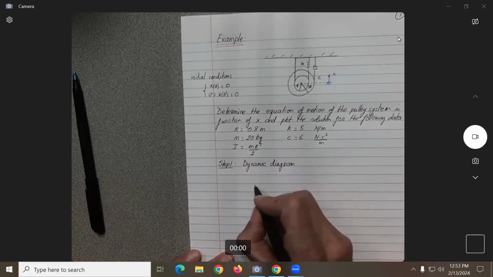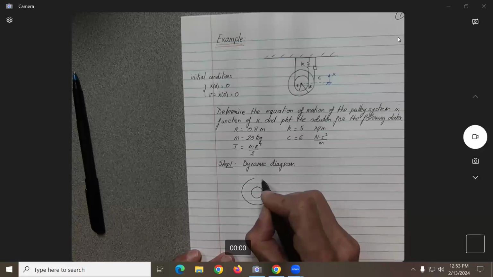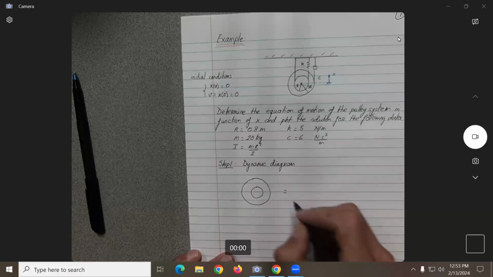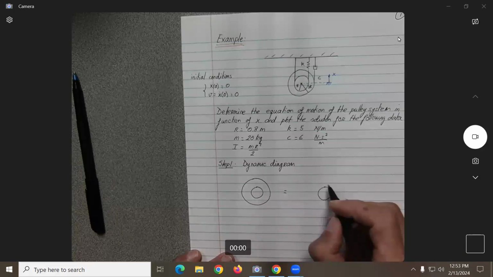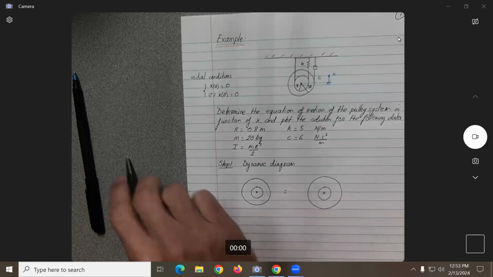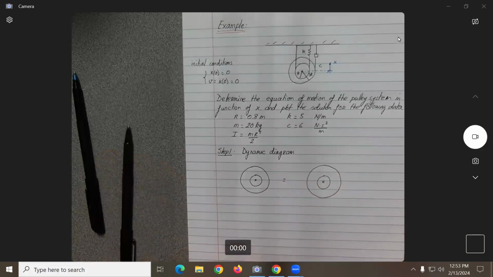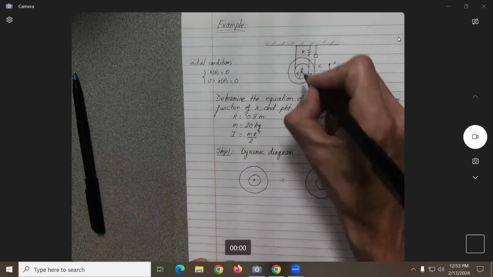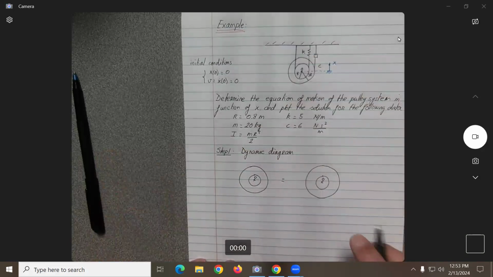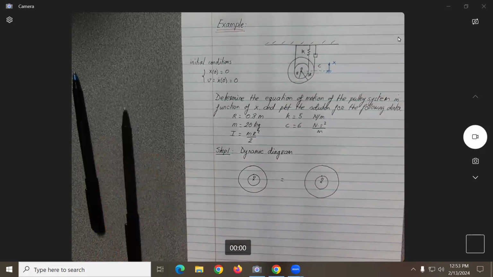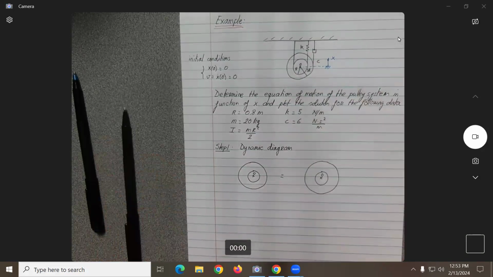All right, so let's call maybe that middle point here O, just to help a little bit. Okay, so what will be the forces acting on this pulley system?